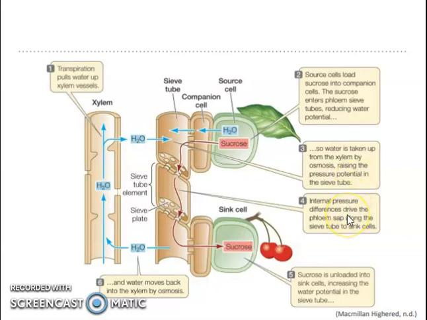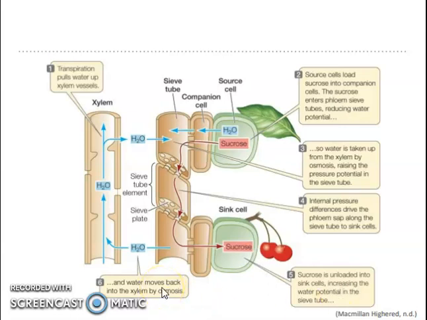The fourth stage, due to the high hydrostatic pressure, the sap is pushed from the source to the sink tissue. The fifth stage, sugar is unloaded by the companion cell, lowering the solute concentration.